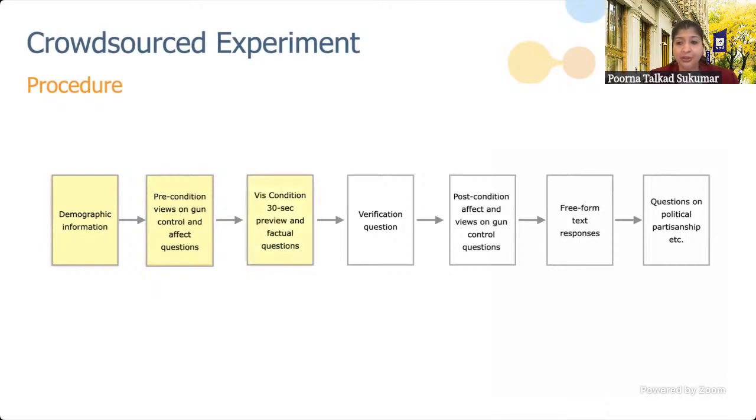Then they viewed one of the visualization conditions for at least 30 seconds and answered factual questions. Afterwards, they answered a verification question, followed by us asking them their emotional state and their views on gun control again. And we also asked open-ended questions and finally collected information about their political beliefs.